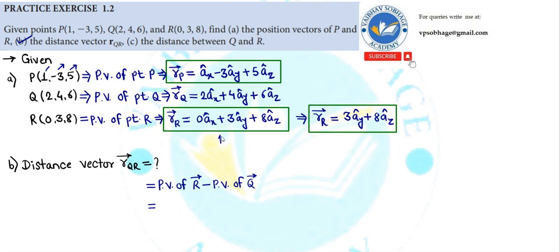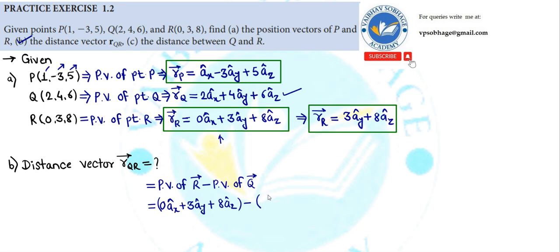So we have that value to be 0ax plus 3ay plus 8az. So this is your position vector for your point R, and then we have to subtract the position vector for your point Q.